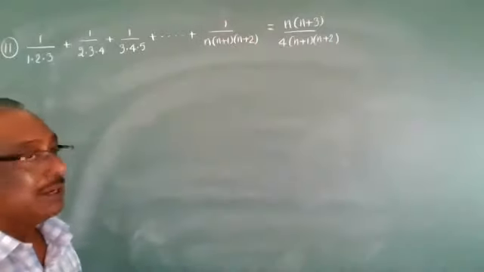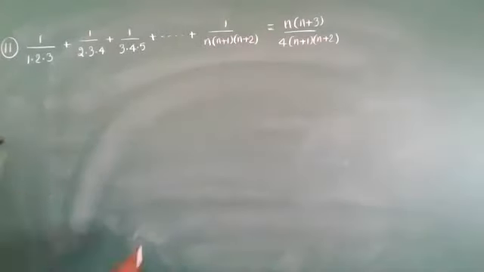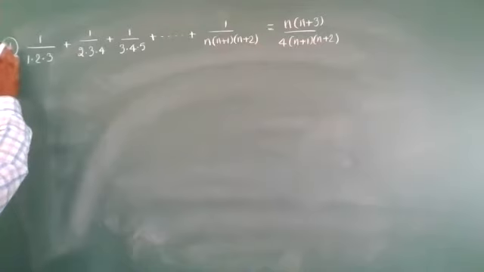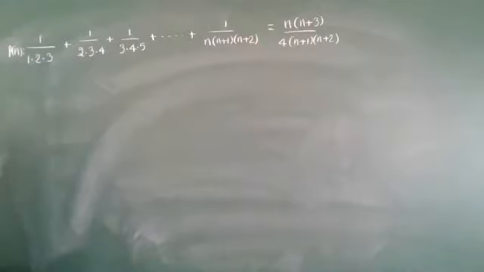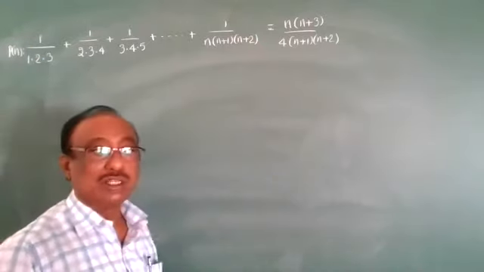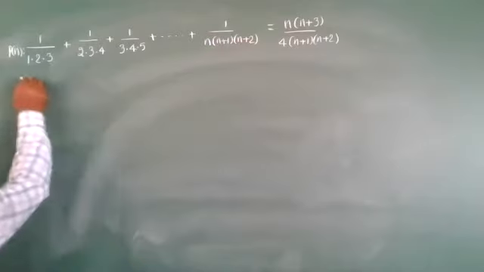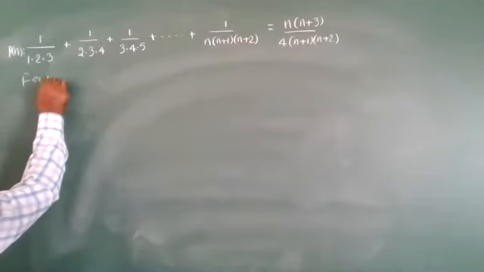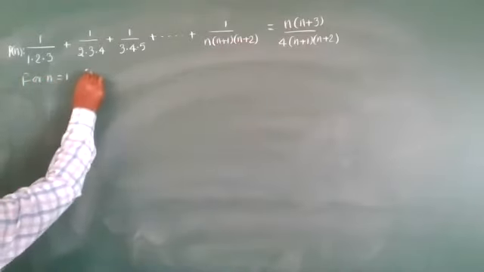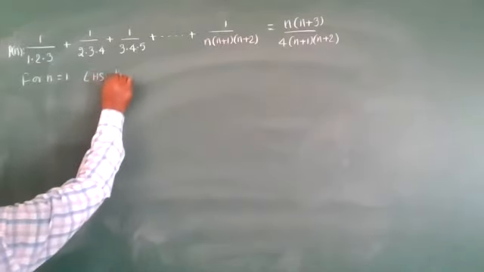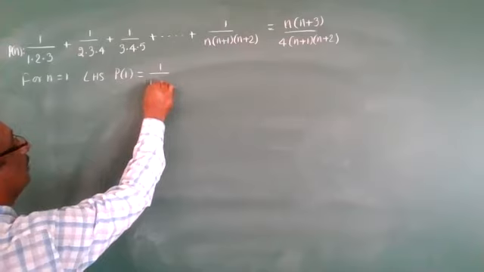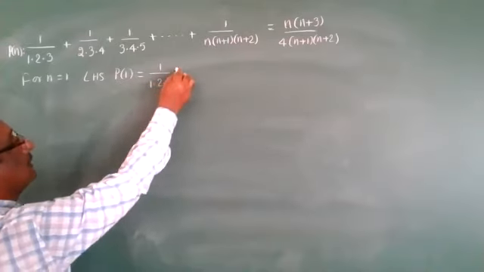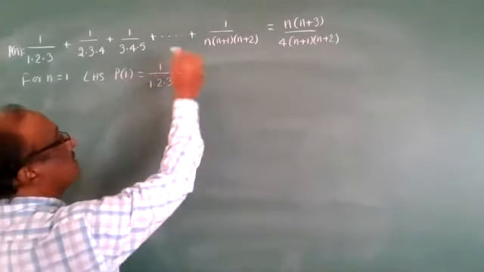Step 1. Write down the principle of n numbers. Check for n is equal to 1. Left hand side is the principle of one number, which is 1 into 2 into 3, equal to 1 by 6.